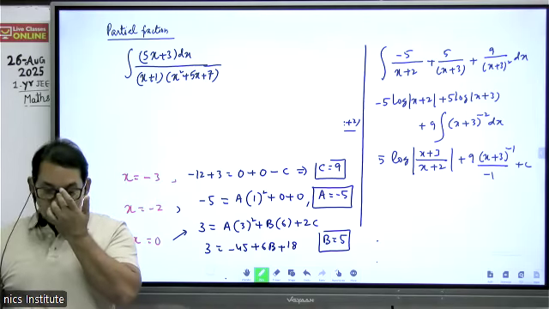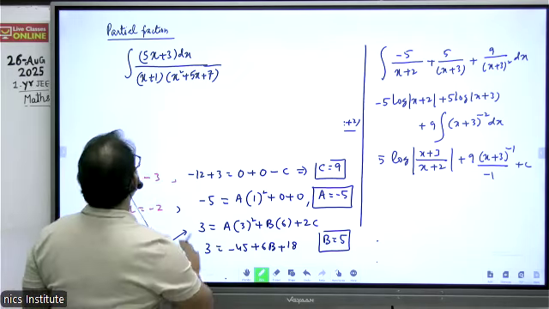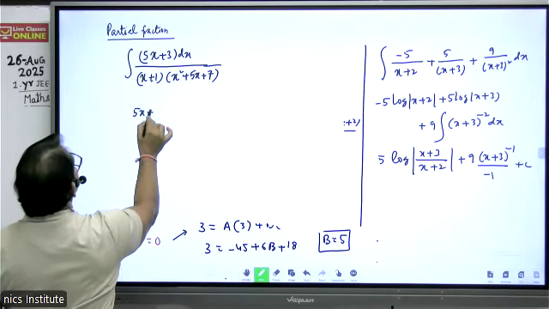One linear, another quadratic. So for these kind of questions, this is the method.